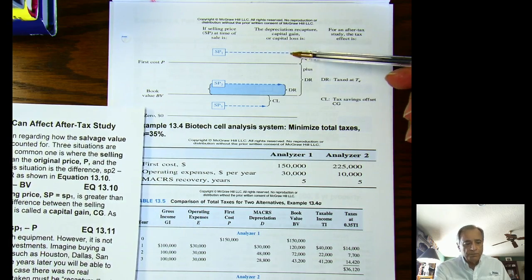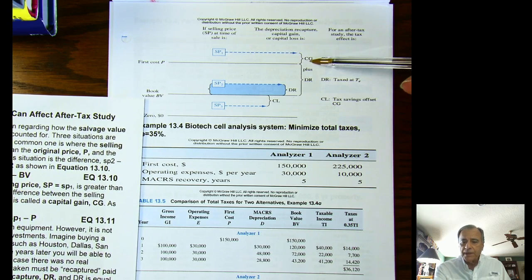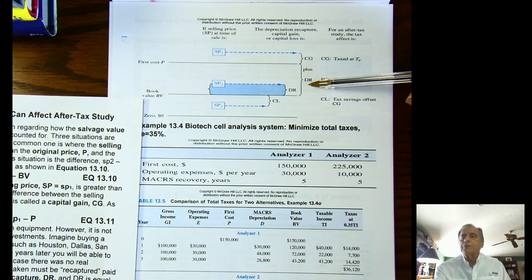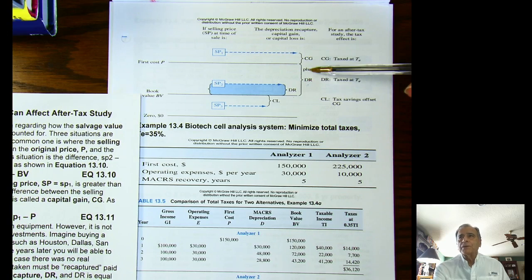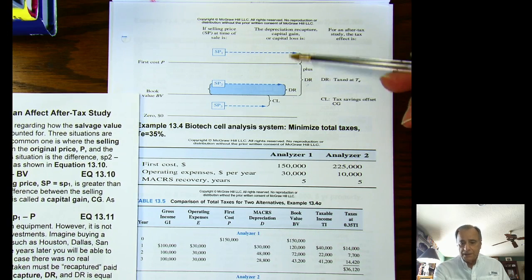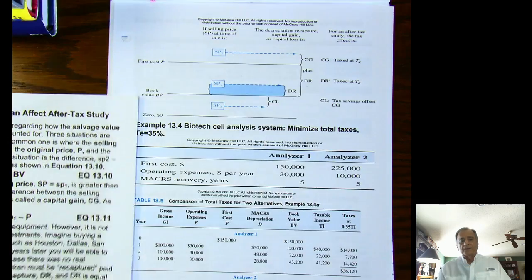So this part of the gain is called capital gains, and this part is called depreciation recapture. But you have to pay tax on both of those, okay? Because it's on your books as this value, and you're selling it for that value.